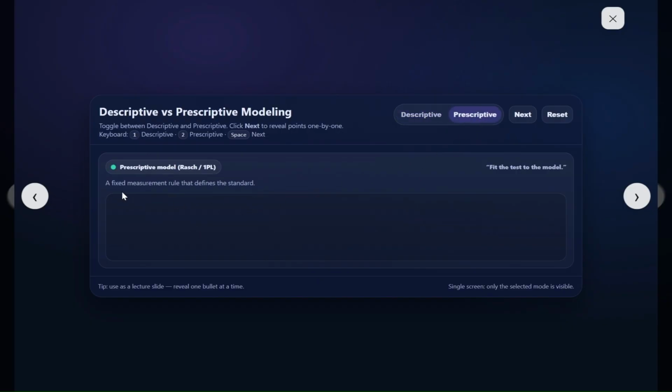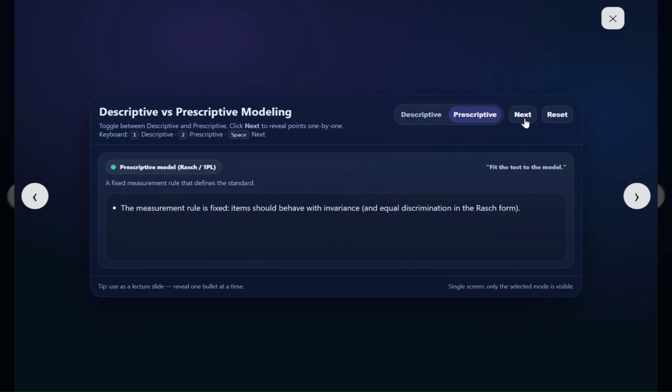In a Rasch model, there is a fixed measurement rule, which is the model that defines the standard. So we fit the test to the model, while in descriptive, we fit the model to the test. In the prescriptive, we want our test to be as near as possible to the golden standard of measurement.